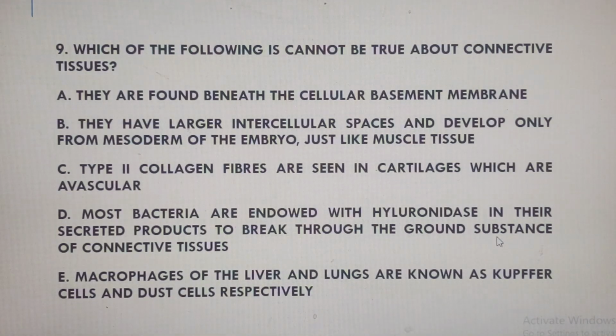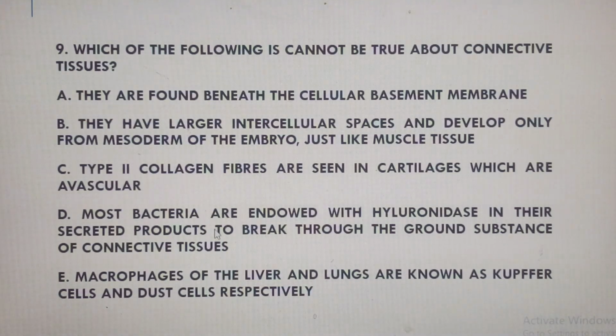Now, option D says most bacteria are endowed with hyaluronidase in their secreted product to break through the ground substance of connective tissues. Yes, that's a very true statement. An important component of the ground substance is hyaluronic acid. This hyaluronic acid can be broken down by the enzyme hyaluronidase.